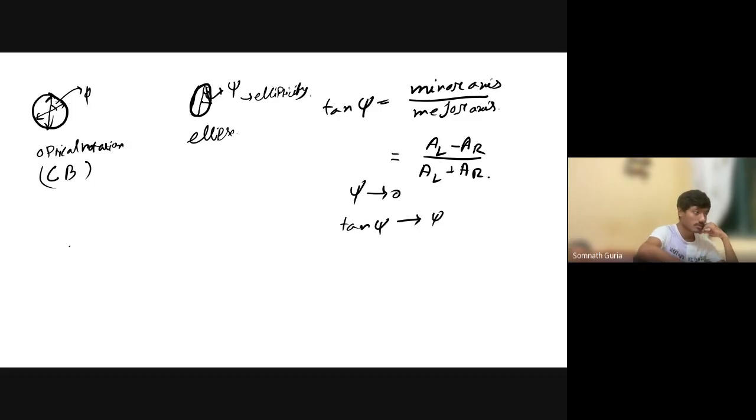So from this equation we can say that psi equals 2.303, a logarithmic term that comes into the picture, times (AL minus AR) times 180 by 4 pi, which is actually in degrees.